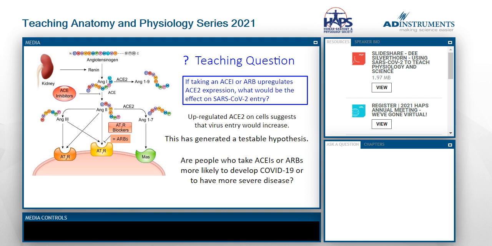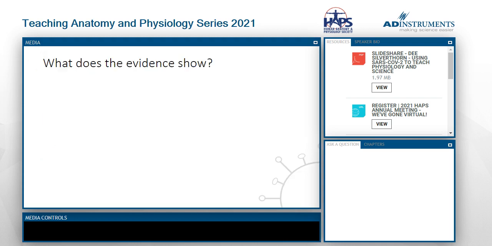The question then becomes, are people who take ACE inhibitors or ARBs more likely to develop COVID-19 or to have more severe disease? Let's look at the evidence.